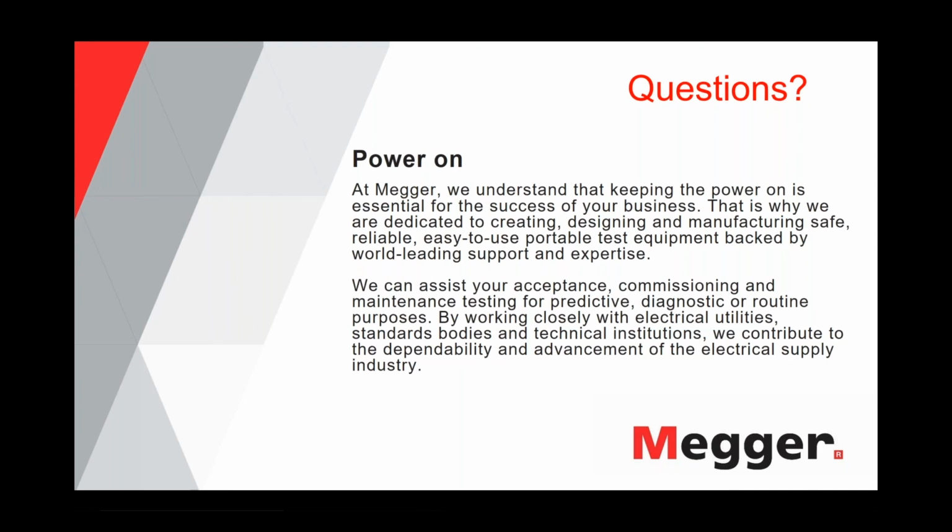All right. Is tan delta a good test on PILC cable with 3 conductors in a single cable? Well, yeah, you have to differentiate a little bit, because you can have 2 types of, let's say, 3-core paper cables.